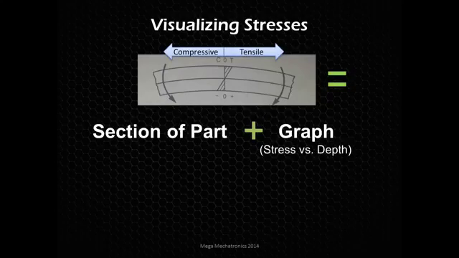You can see there's a C, a 0, and a T, and that's representing a compressive stress, a negative stress. And then going to the right is a tensile stress. And then for our other scale of this graph, we have the depth. So you see the top edge of the part is actually that top edge. There's a line in the middle. That's actually the middle of the part. And then going to the bottom side.